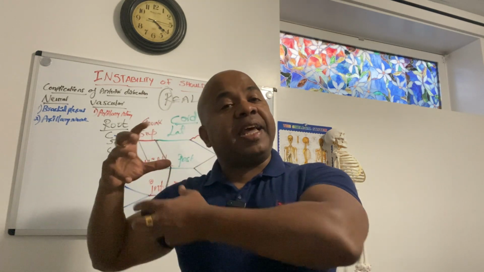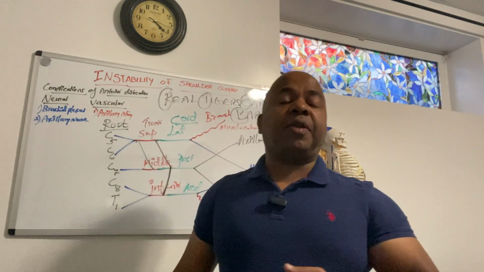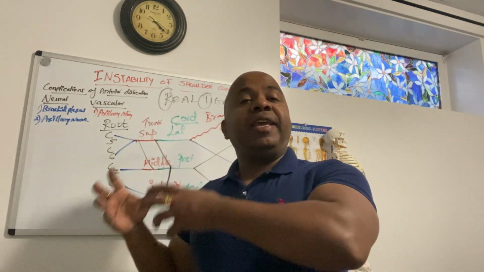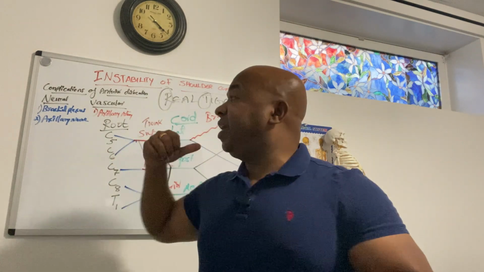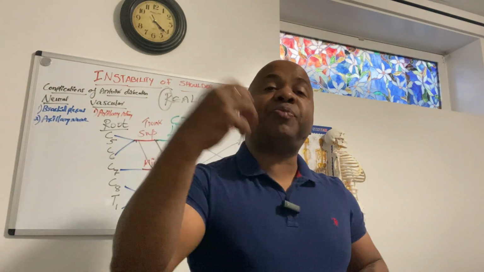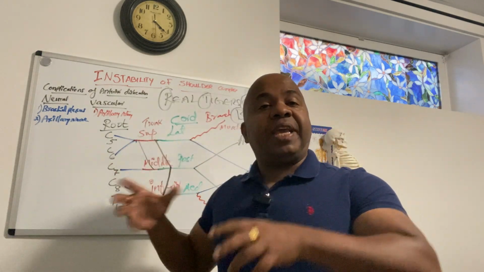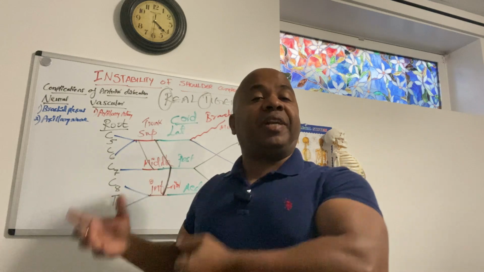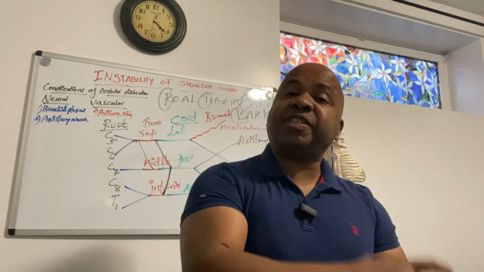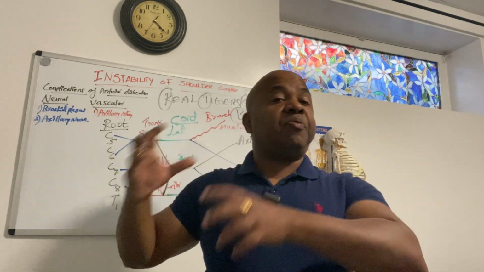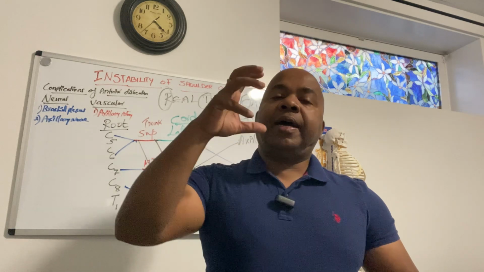So whenever there is an injury to the axillary nerve, you have to suspect weakness of the deltoid as well as the teres minor muscle. When there is weakness or paralysis of the deltoid, what range of motion is affected?